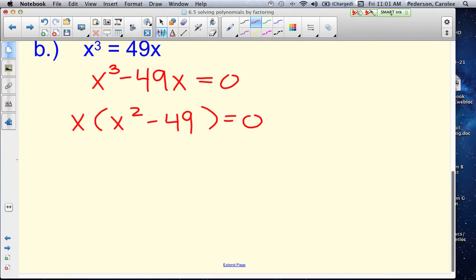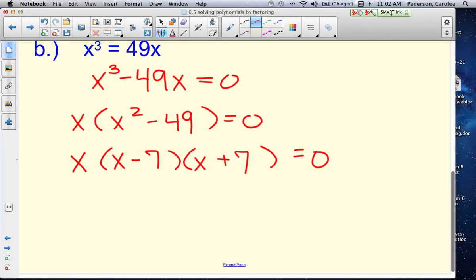Well, x squared is a perfect squared. 49 can be written as 7 times 7, which is a perfect squared. So I can split this up into two parentheses as x, and then negative 7, and then plus 7. If you remember, that's from the difference of two squareds.